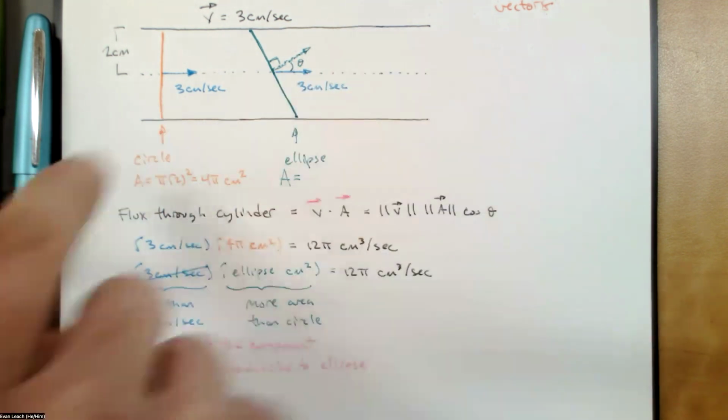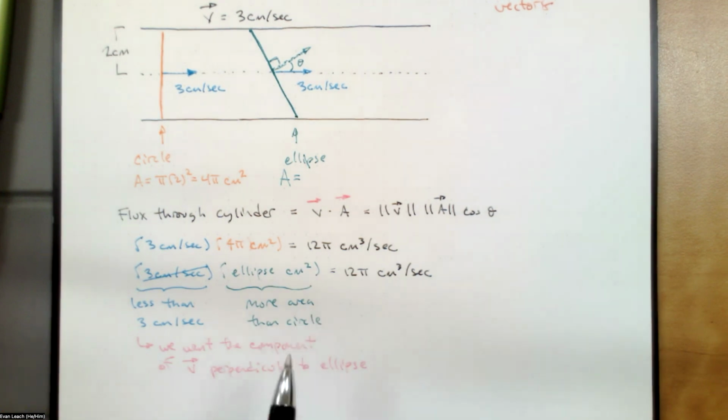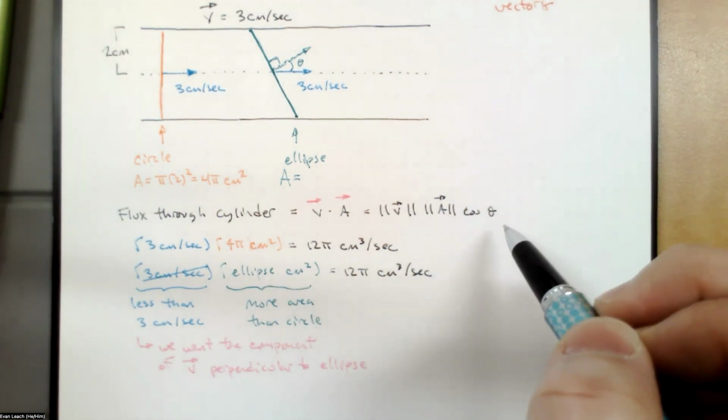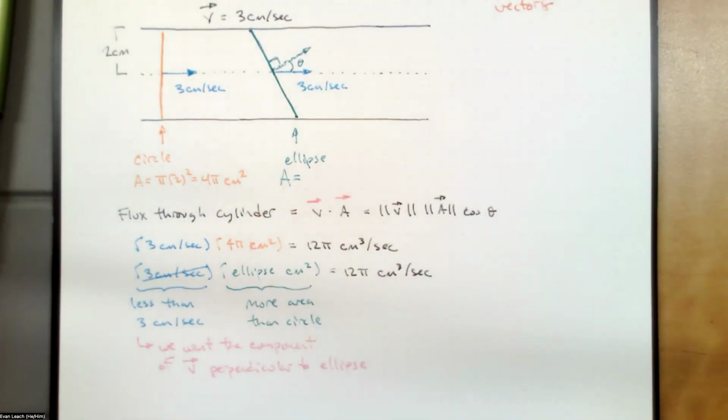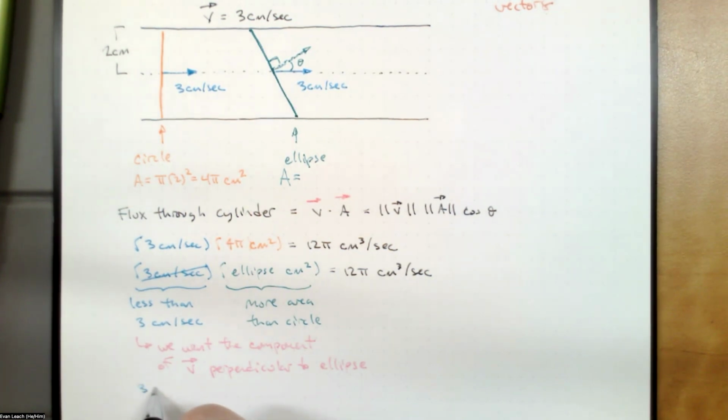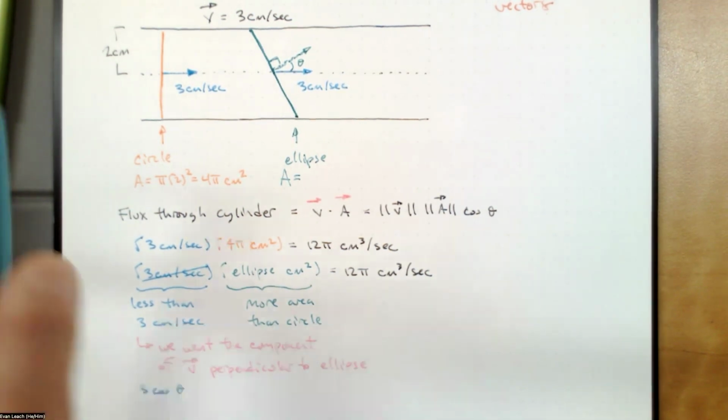So if I grab the component of the velocity perpendicular, that's going to be 3 times the cosine of theta.